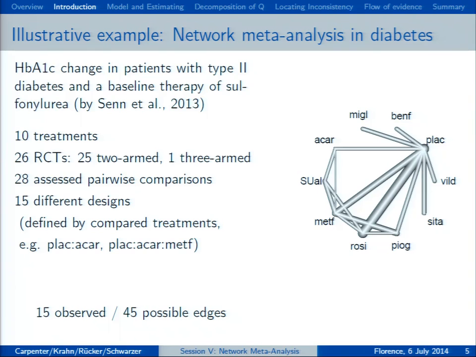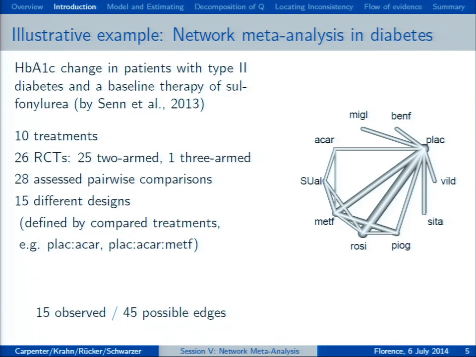So the thicker a line, the greater the amount of evidence, which means in this context that the evidence is measured by the inverse standard error of the aggregated treatment effect, aggregated over all studies that compared the respective 2 treatments. So in this evidence network, we have 15 out of 45 possible edges.